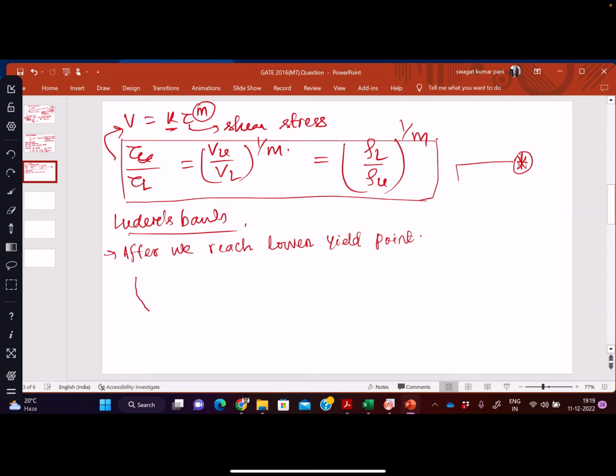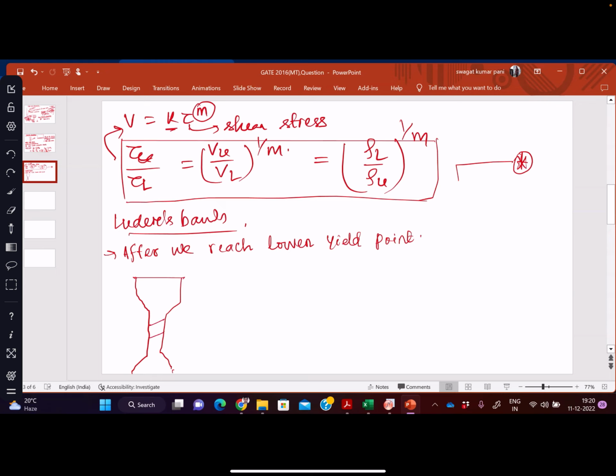So here you will see after you have reached the lower yield point, bands will start forming like this.